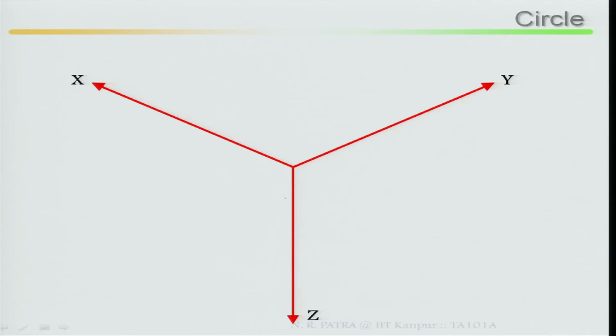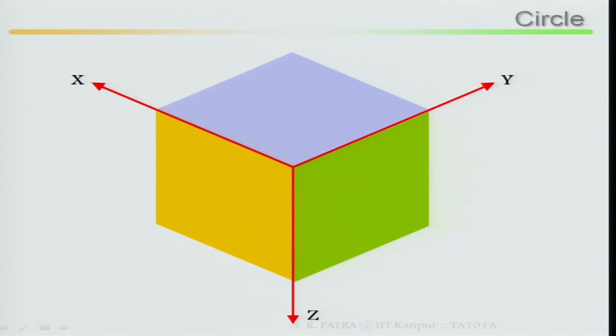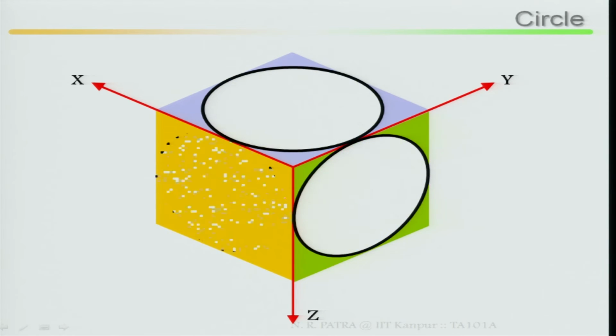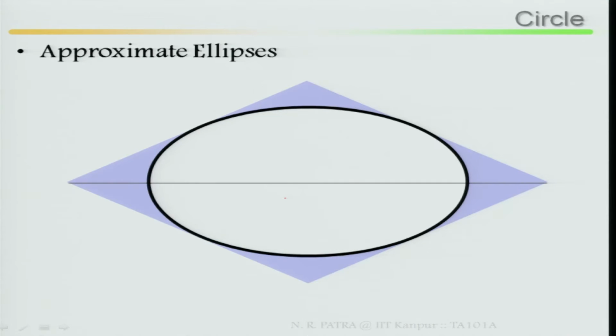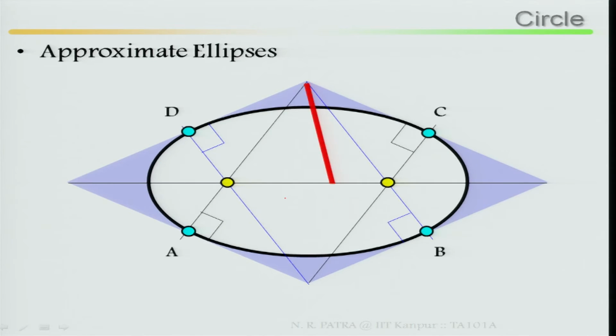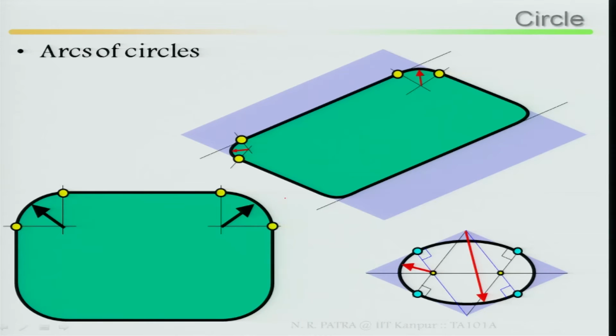So, a circle becomes an ellipse. Similarly, this circle can be drawn as an ellipse in the top, front as well as side view. The approximate ellipse I have covered by means of the 4 center method. You can draw your approximate ellipse and arcs; up to this we have covered arcs.